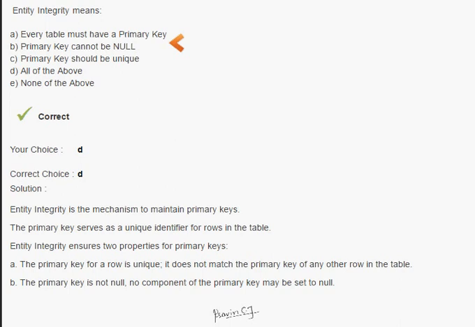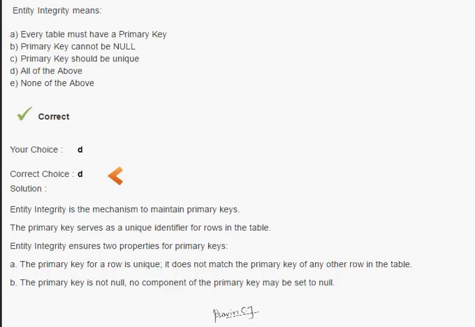But let us understand the question also. Entity integrity means what? Integrity. When we talk about integrity, it is an identifier for the rows in the table, and that is the mechanism to maintain the primary key.